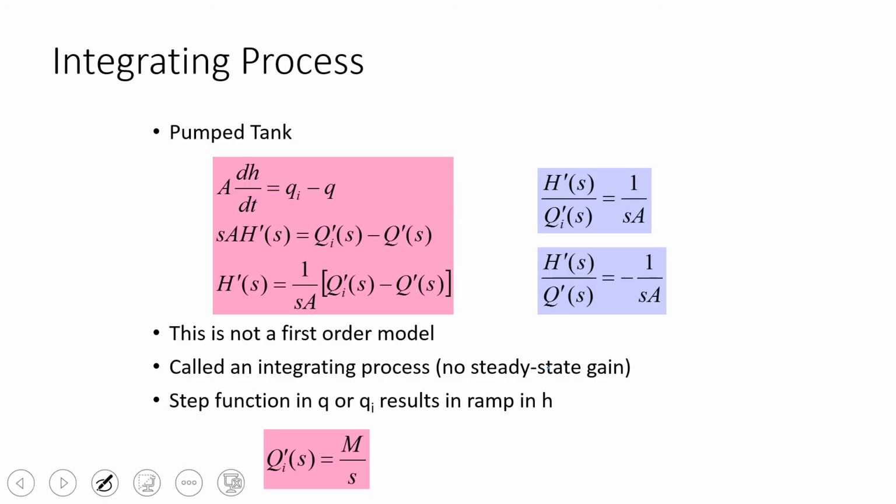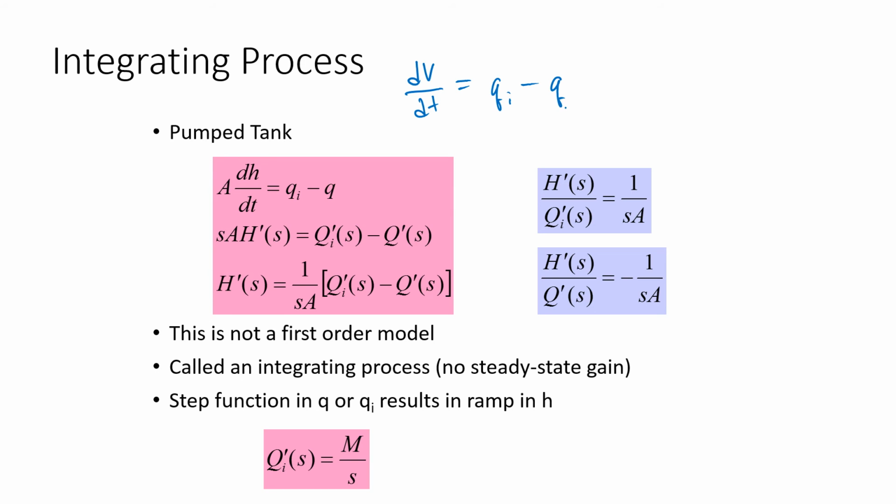Okay, so if we derive just a mass balance, and if we assume constant density, then we have dV/dt, the volume, is the volumetric flow rate in minus the volumetric flow rate out, and that came from a mass balance with constant density.